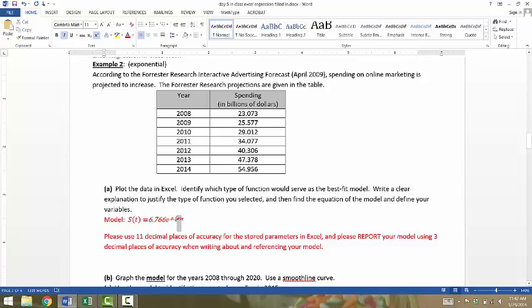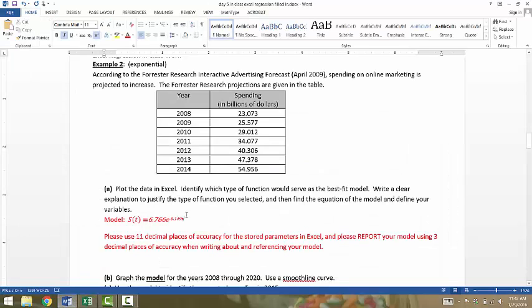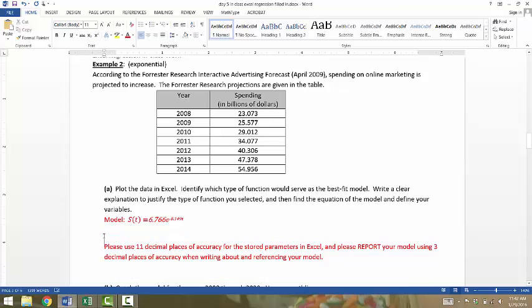Go ahead and stick with 3 decimal places when you write it down on your paper and make reference to those values. Again, in Excel, you use 11 decimal places for accuracy. On your paper, you can use 3 decimal places when you're referencing the parameters in your equation. Make sure also when you are writing down a model, you are very clearly identifying the meaning of the variables in your equation.